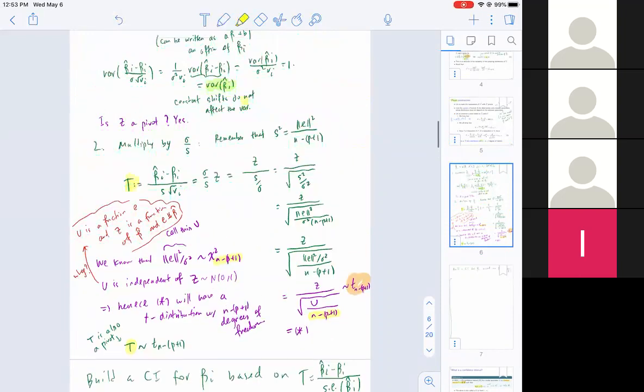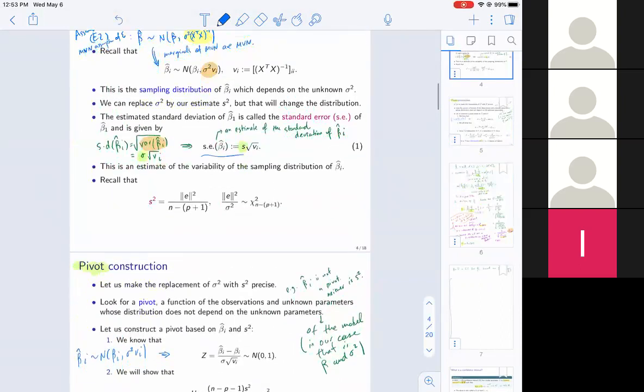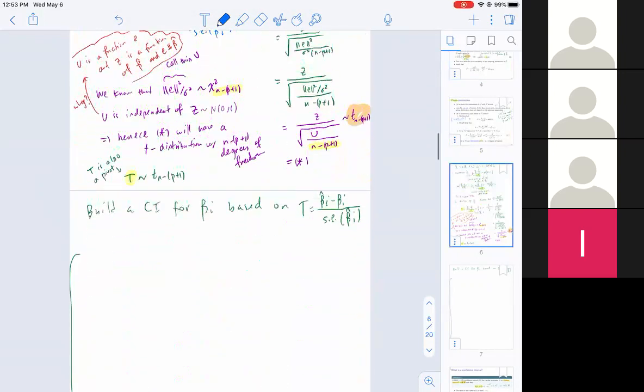So the t statistic is basically beta hat I minus beta I divided by the standard error of beta hat I. And we showed that this has distribution T with n minus p plus 1 degrees of freedom. Okay, that's what we showed last time.